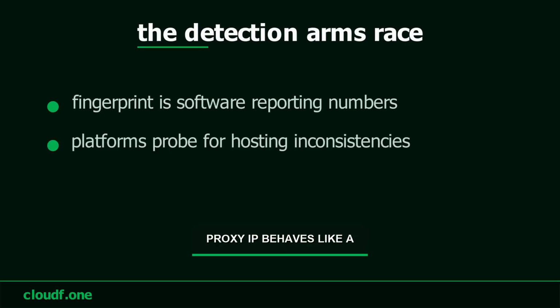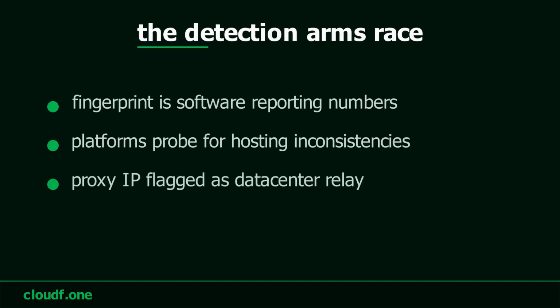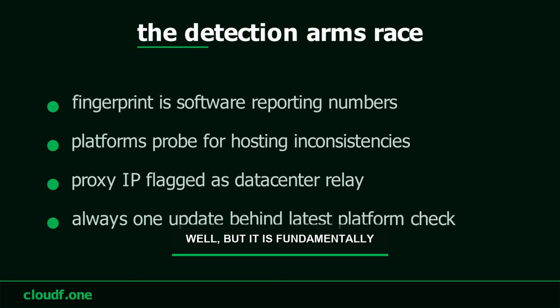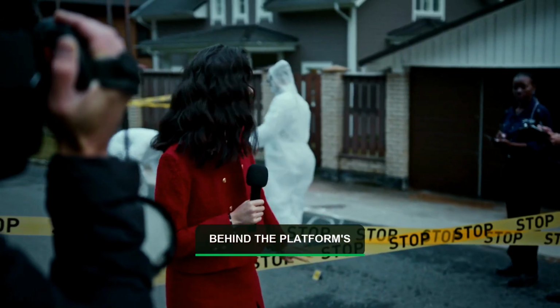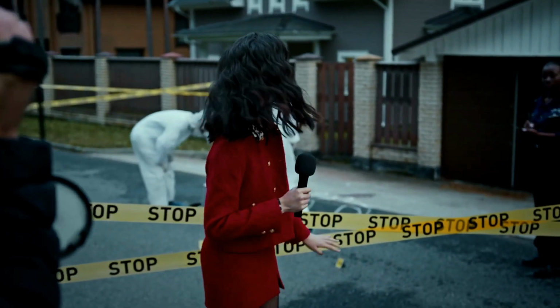It can check whether the proxy IP behaves like a real home or mobile connection or like a data center relay. It can correlate behavior across profiles. AdsPower fights all of this well, but it is fundamentally an arms race of spoof versus detection. You are always one update behind the platform's newest check.